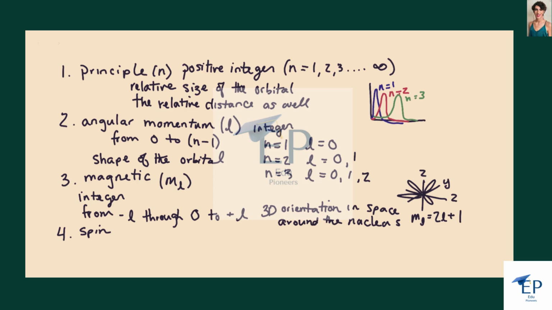So if L is equal to 1, then m sub L is equal to -1, 0, and positive 1. And this is talking about the number of orbitals.